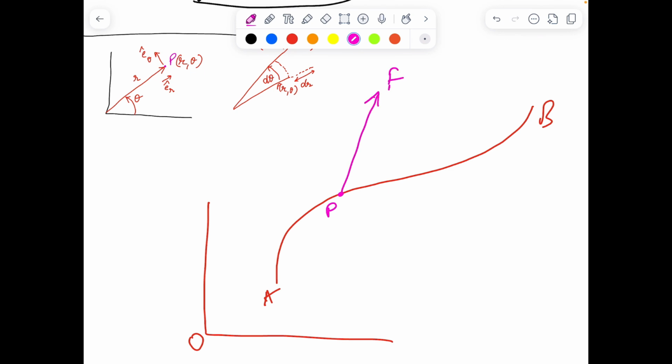So we have the radial component of force, always in the radial direction away from the origin, that's F_r, and we have a transverse component of the force, that's F_theta. We have F vector is equal to F_r e_r cap plus F_theta e_theta cap, right?